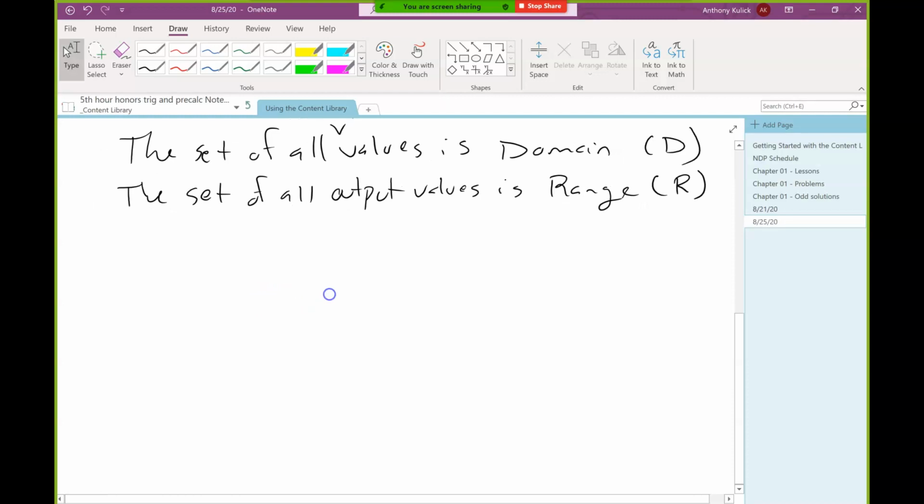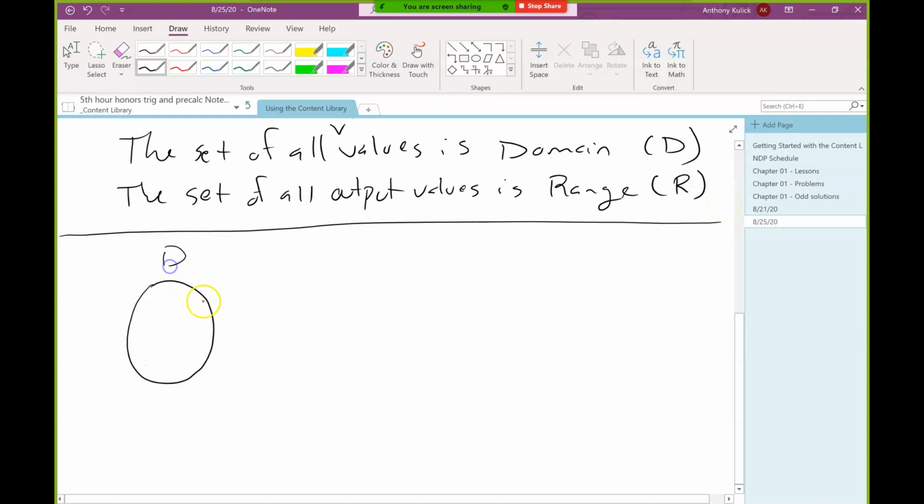So there's lots of different ways that we can represent a relation or a function. One of those ways is with a mapping diagram. A mapping diagram is a visual.